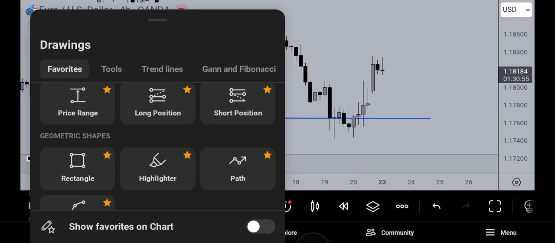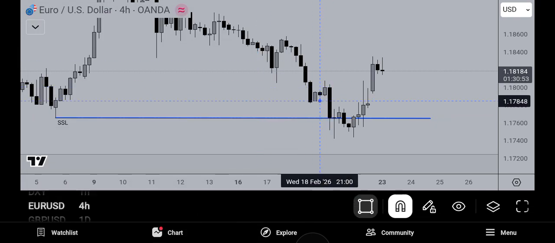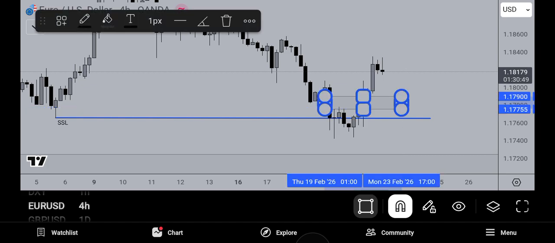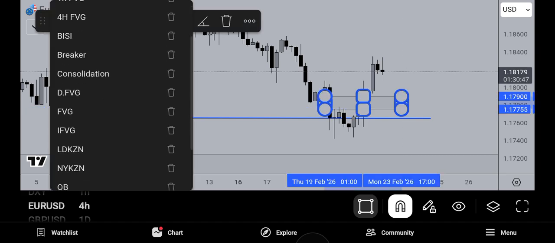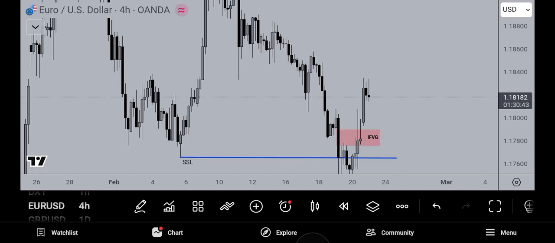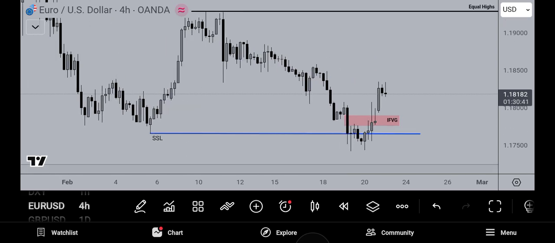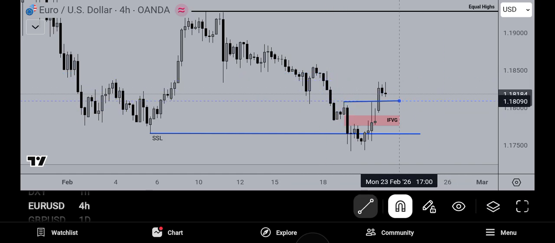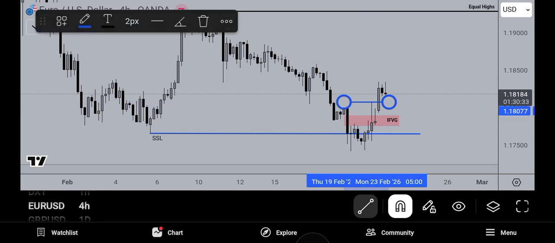So inverting this fair value gap, this is an inverted fair value gap now, an IFVG. It can hold, it might not hold, but then we have also had the change in market structure, right? Price broke structure to the upside here with this candle.